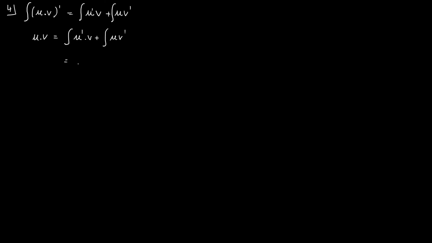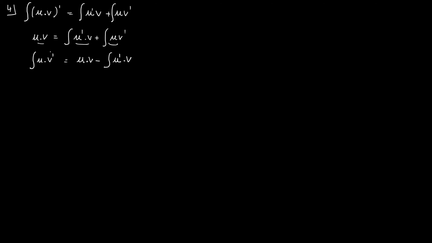So what do you get? You get u times v minus the integral of the derivative of u times v, which equals the integral of u times the derivative of v, since we have used this part and this part.